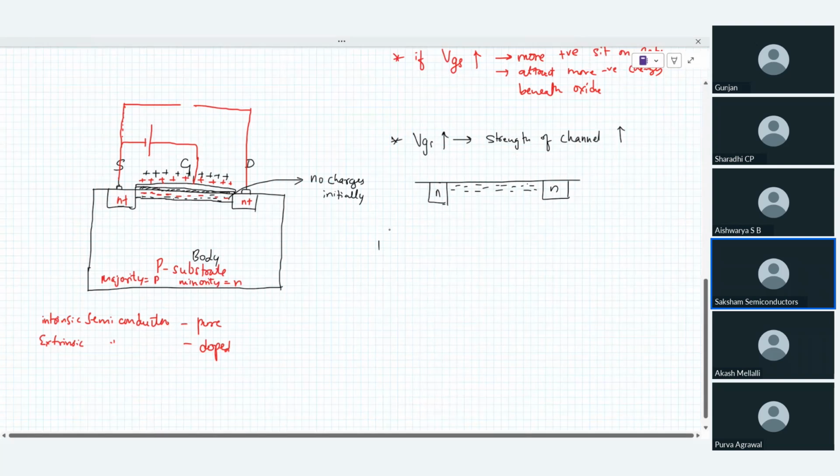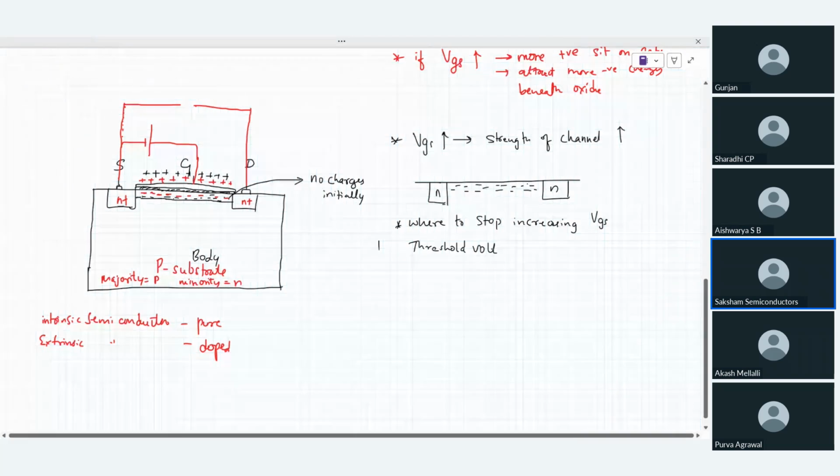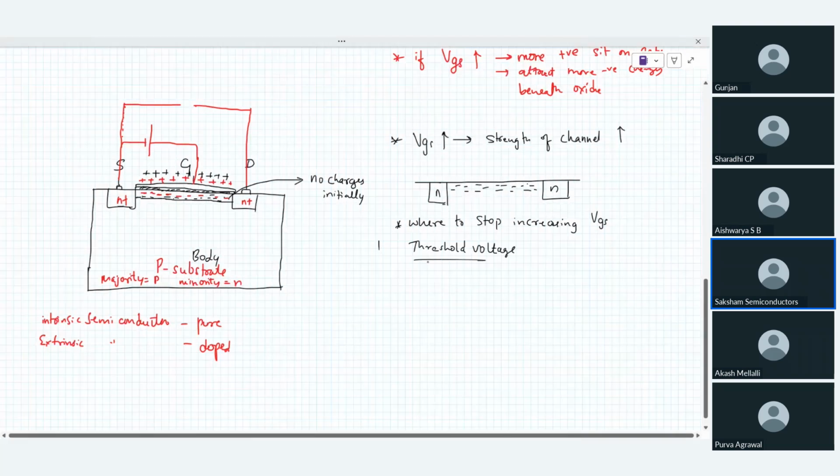So at what voltage should I stop? Where to stop increasing VGS? Now there is something called threshold voltage, the concept of threshold voltage.